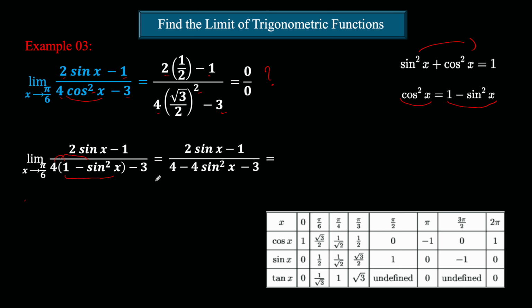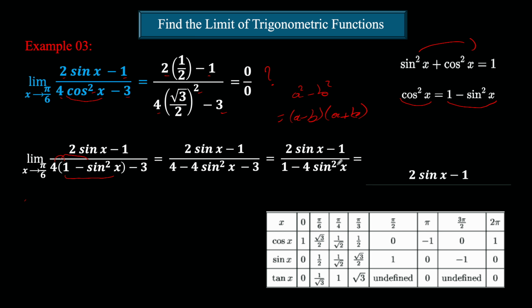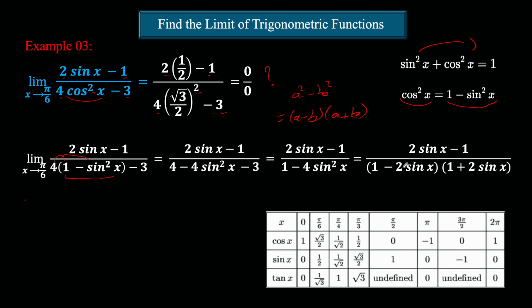Then 4 minus 3 will be equal to 1, so you get 1 minus 4 sine square x. So this is a difference of squares, as we said before. We said this is like a square minus b square, which is equal to a minus b multiplied by a plus b, okay? So you will get 1 minus 2 sine x multiplied by 1 plus 2 sine x.